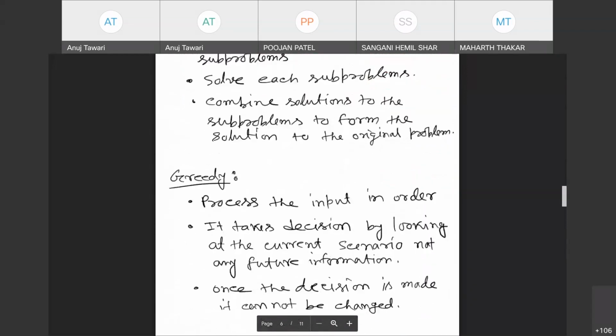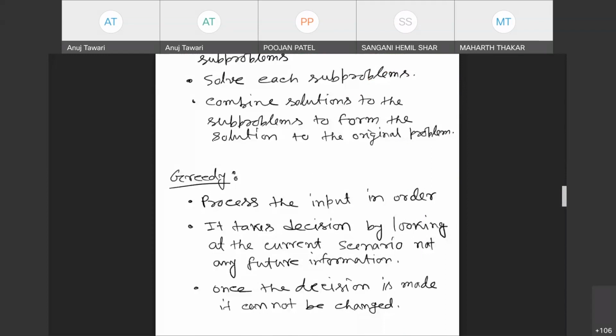And the other was the greedy approach. So what is an algorithm? It's basically that you need to make certain choices at every step, and the real challenge is how to make the choices.